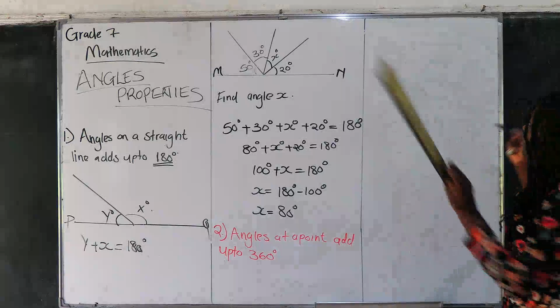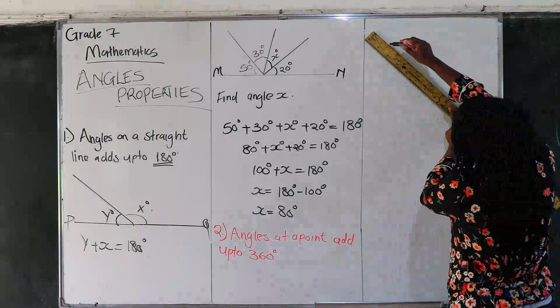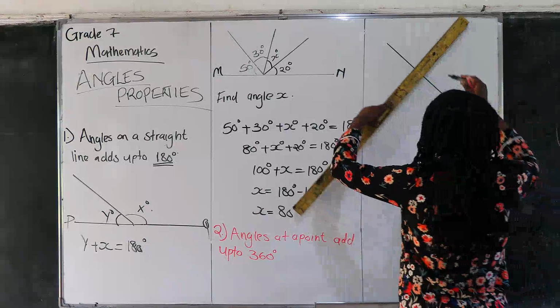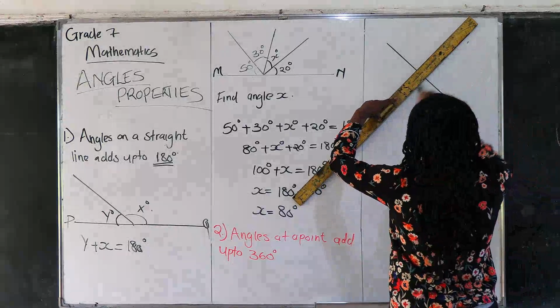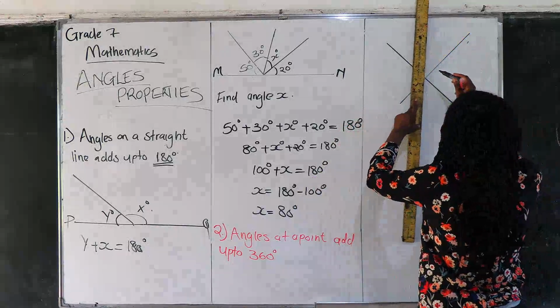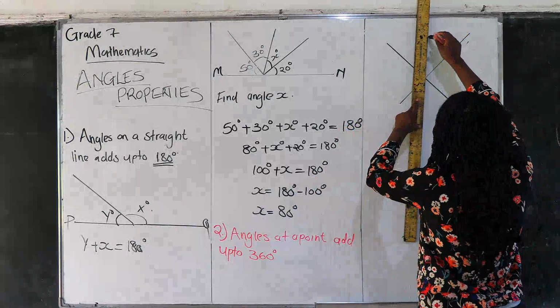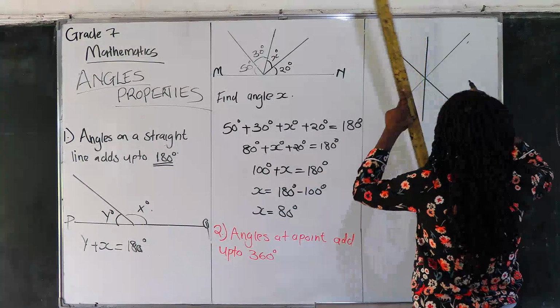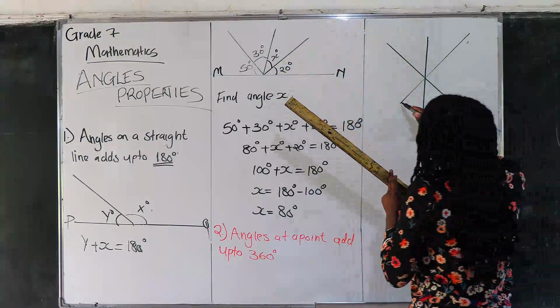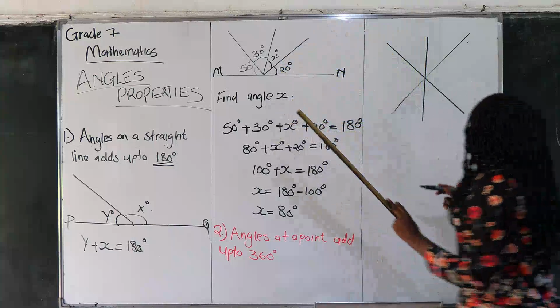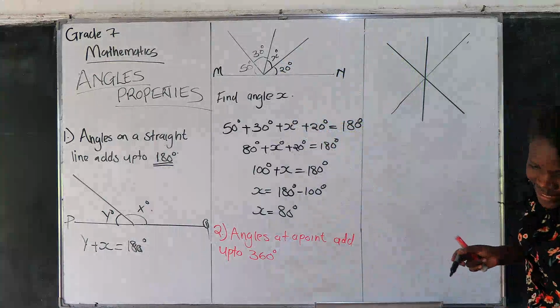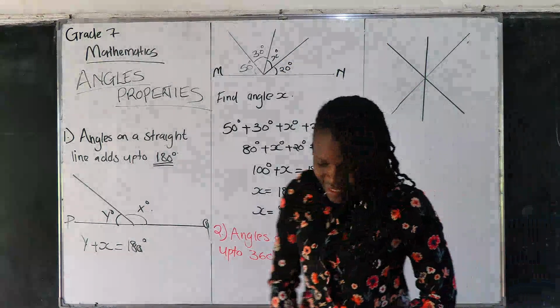For example, we have this. So we have these lines. We have these lines.